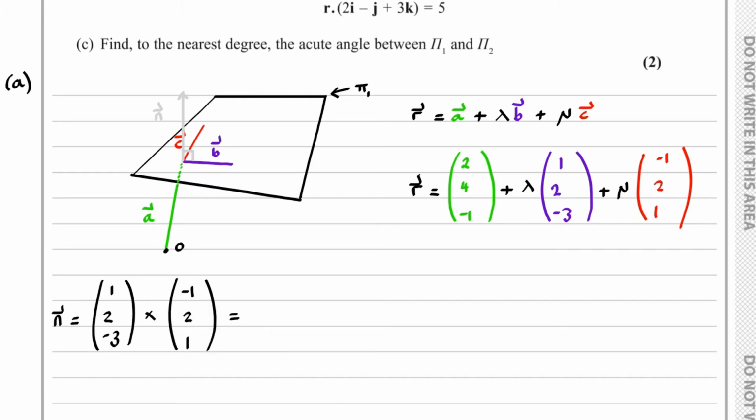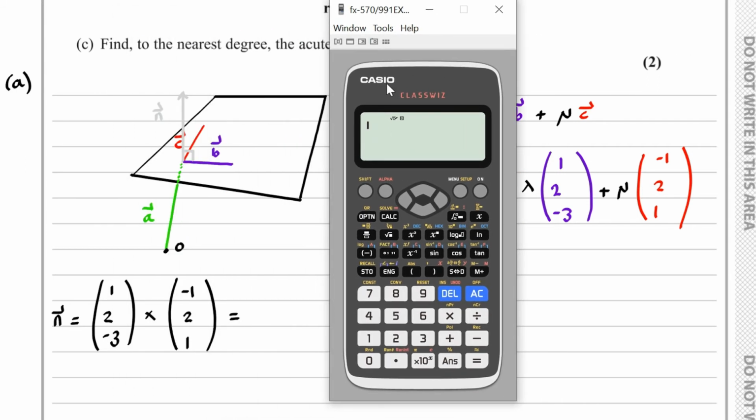So if we multiply these together, of course we can use our calculator, so we can go to the vector mode. We will define vector A to be 3 dimensions with components 1, 2, and minus 3. We will now define vector B, 3 dimensions with components minus 1, 2, and 1.